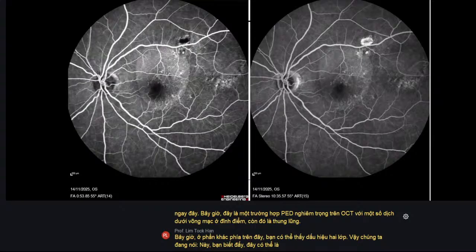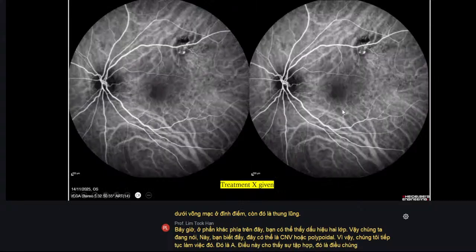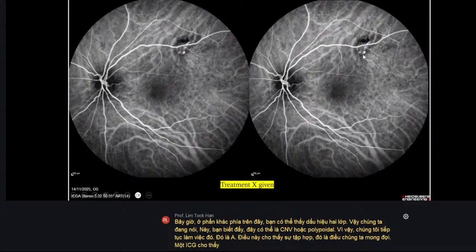So we went on to do the FA, which showed pooling as what we would expect. And ICG showed that there are two little polypoidal lesions and a network of vessels here, a branching vascular network. So indeed, this is polypoidal.